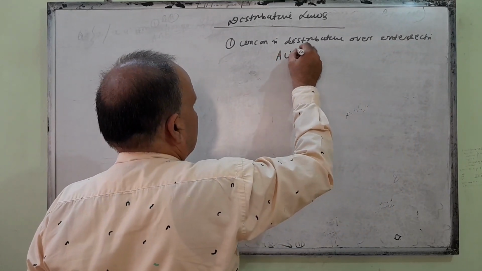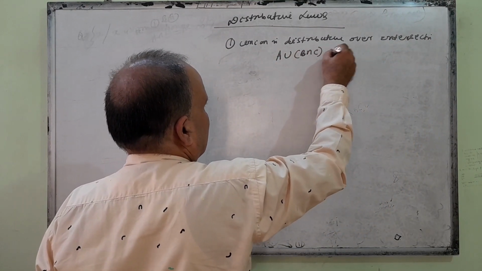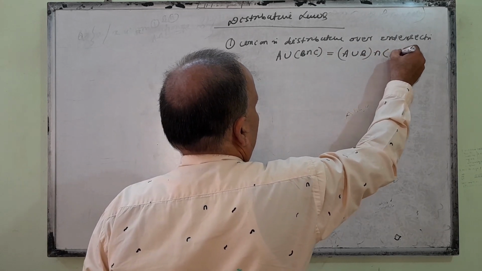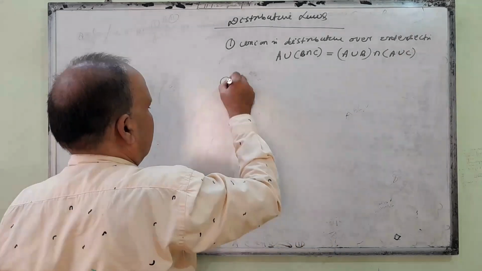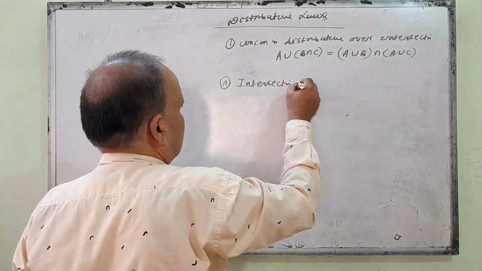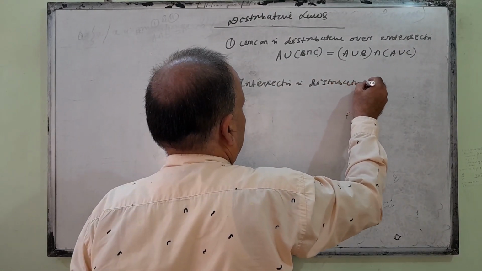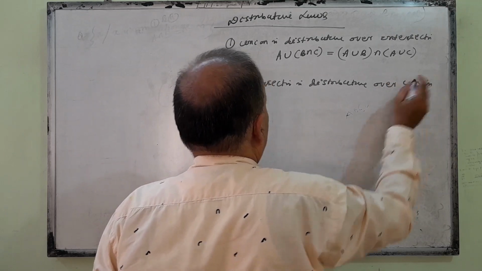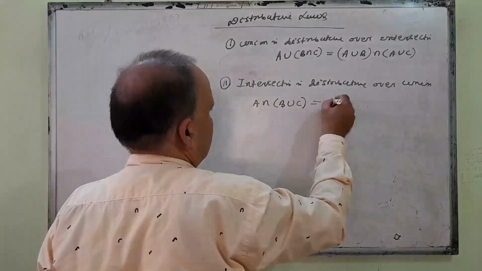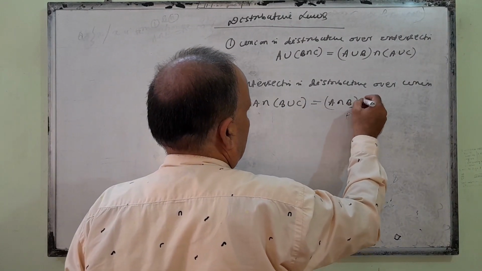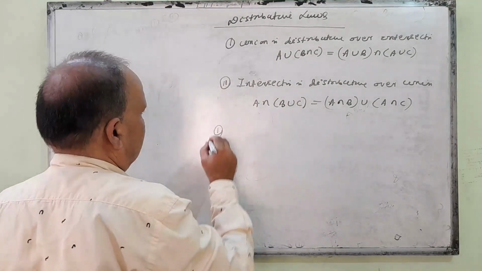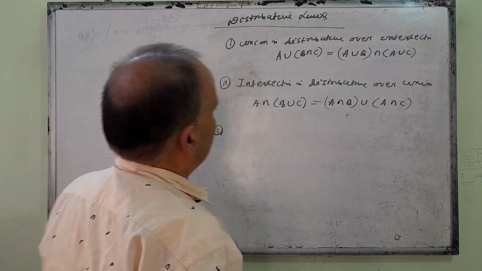That is A union B intersection C is equal to A union B intersection A union C. Second one is intersection is distributive over union. That is A intersection B union C is equal to A intersection B union A intersection C.